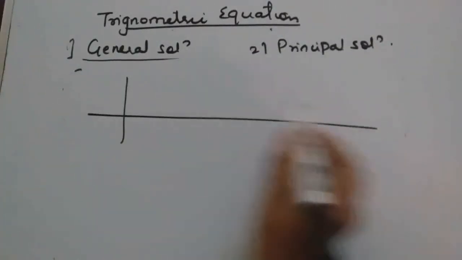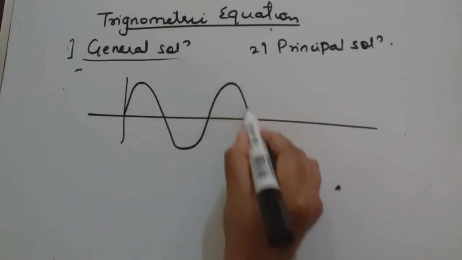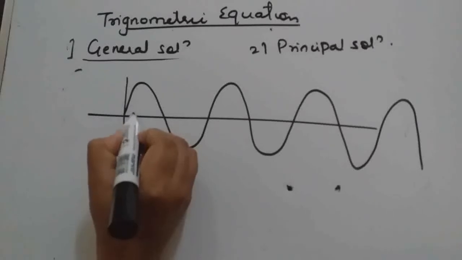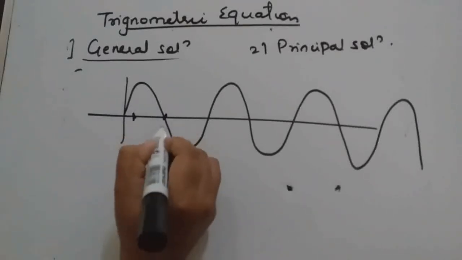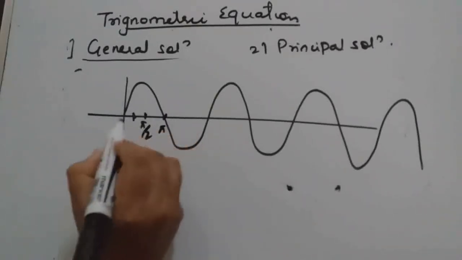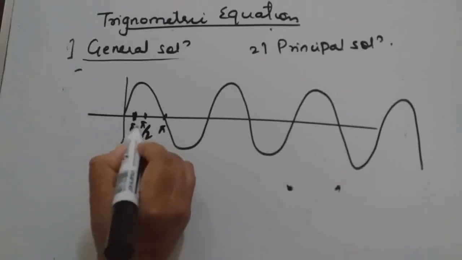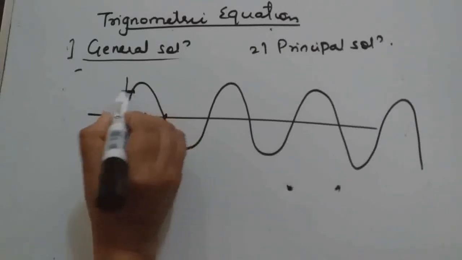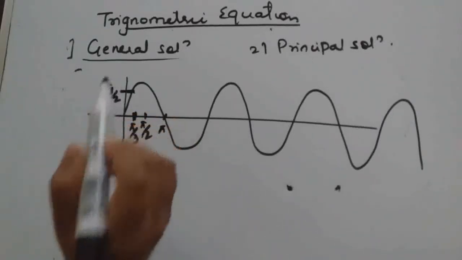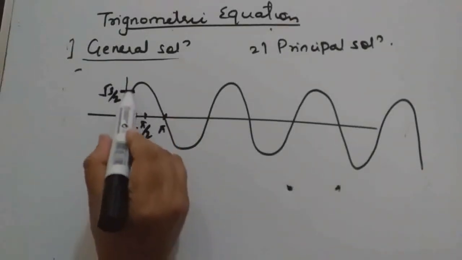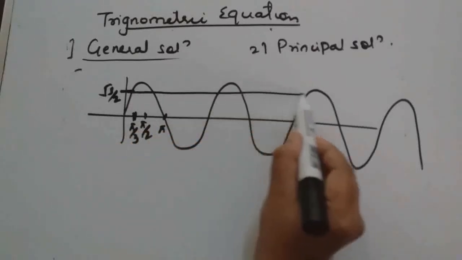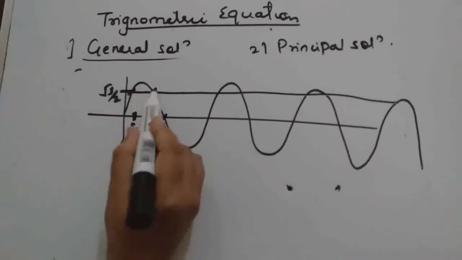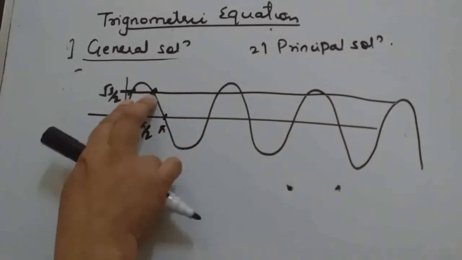the sin x graph we have seen here, isn't it? Suppose this is pi, this is pi by 2, here somewhere 60 is there, pi by 3. Okay, so for pi by 3 the sin value is root 3 by 2. Suppose this is root 3 by 2. So see, if I draw the line, it will cut at each interval at 2 points, isn't it?